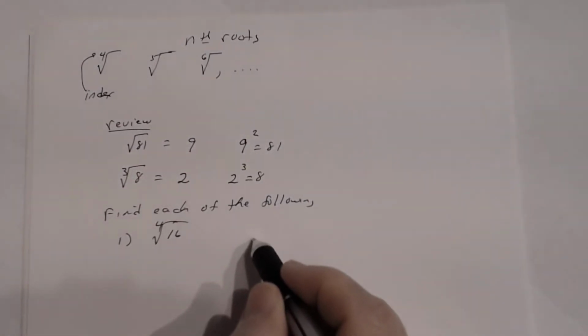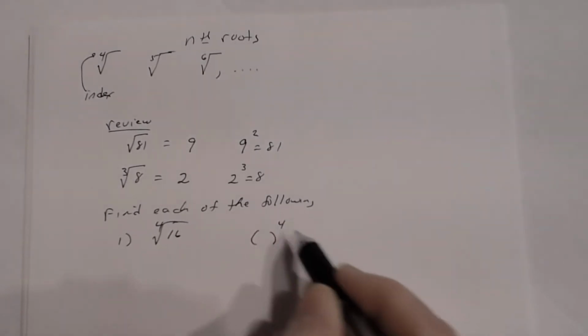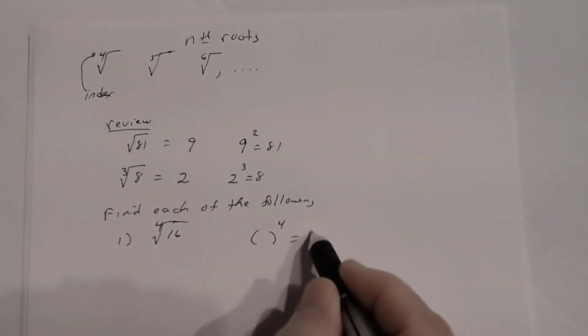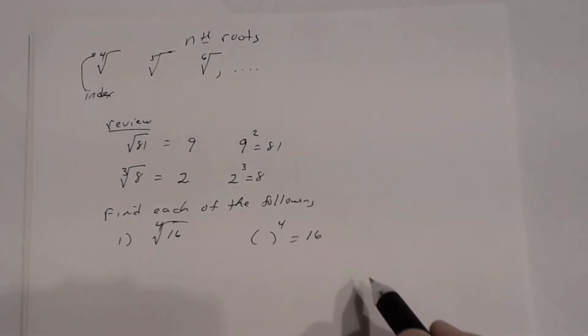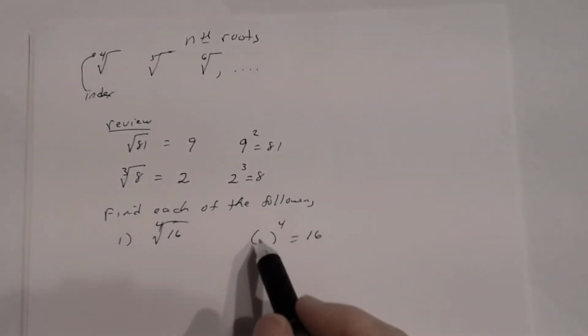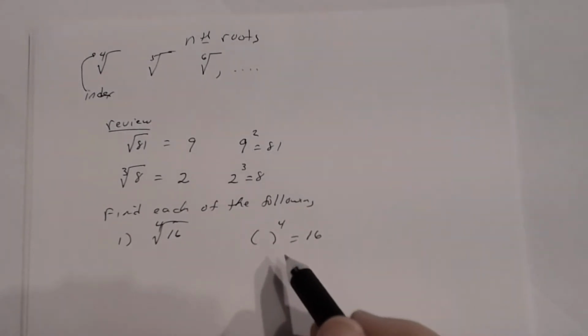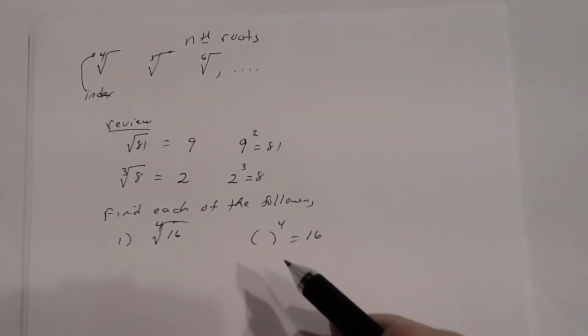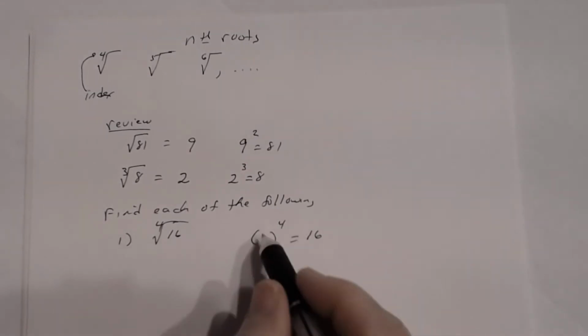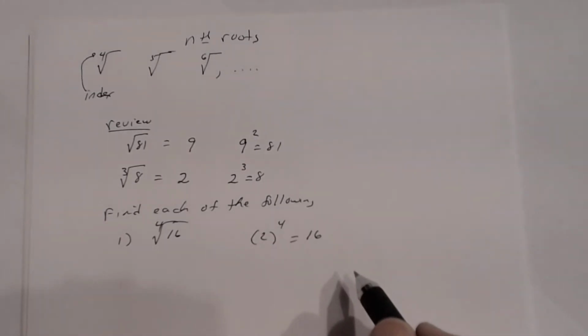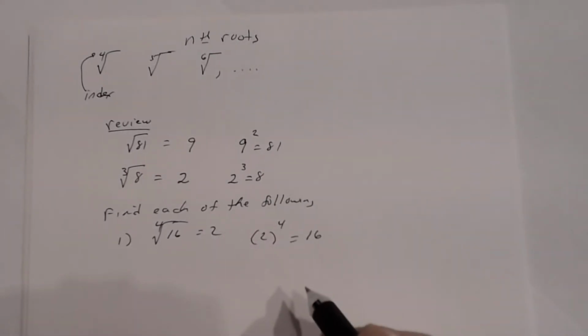I can ask myself, what number times itself 4 times is 16? That's not a difficult one. The answer is 2 because 2 times 2 is 4, 4 times 2 is 8, and 8 times 2 is 16. So the fourth root of 16 is 2, because 2 to the fourth is 16.